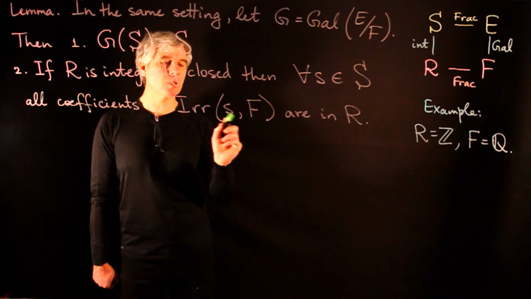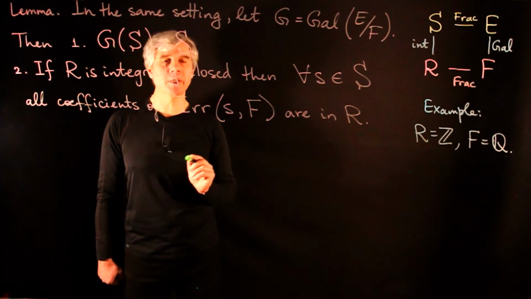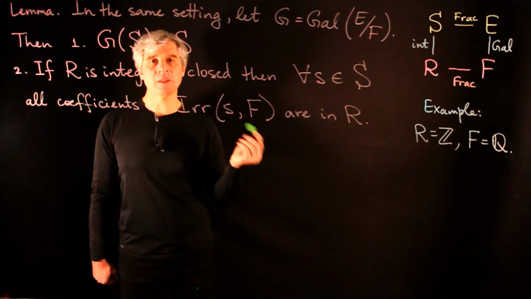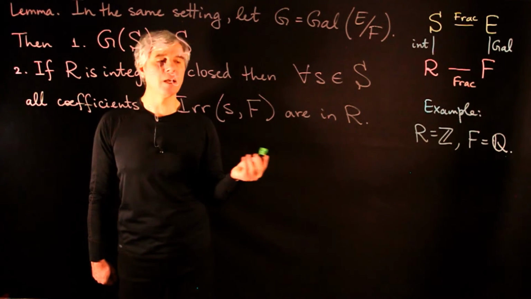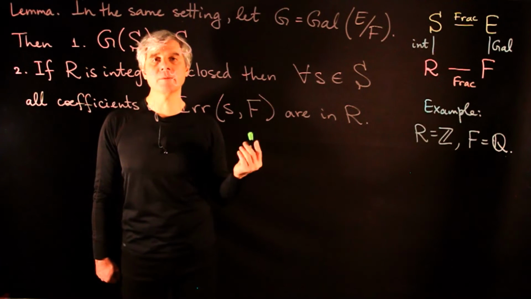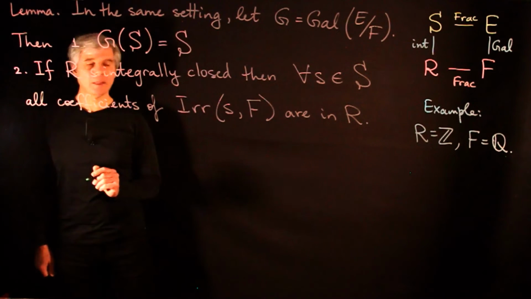If the coefficients of this monic irreducible polynomial are in R, then the element is obviously integral. And if they are not, then the element is not integral. Let us give a proof.